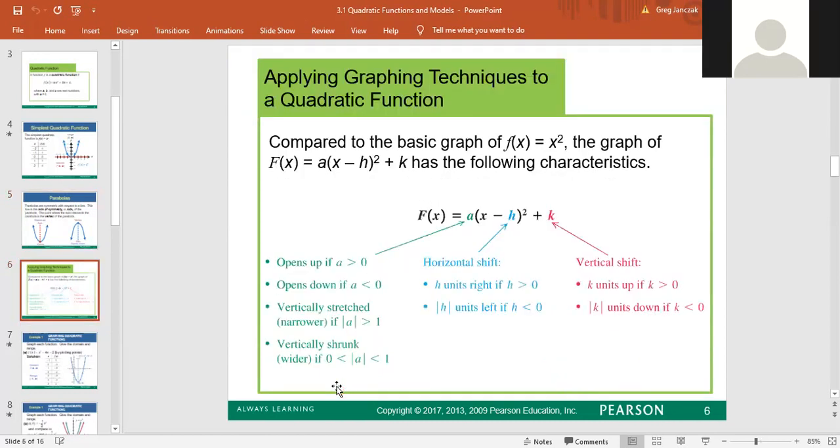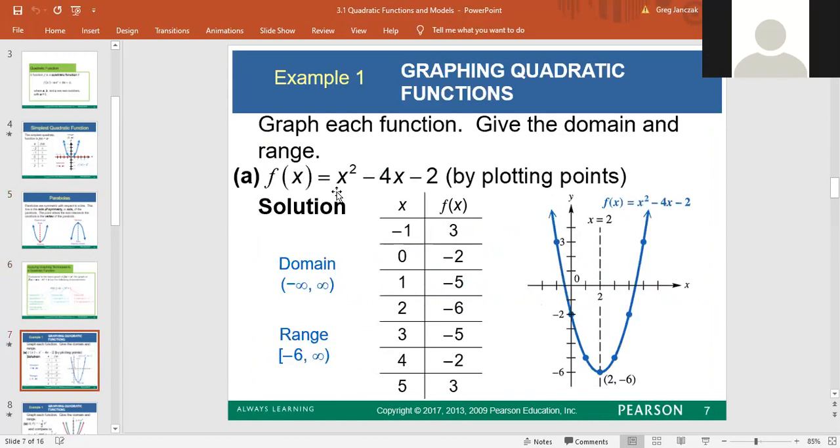Okay, so let's take a look. In here we have x squared minus 4x minus 2, and they show a parabola with its points. Notice x squared is positive, the graph opens up. The vertex, because it opens up, is at its lowest point, (2, -6).